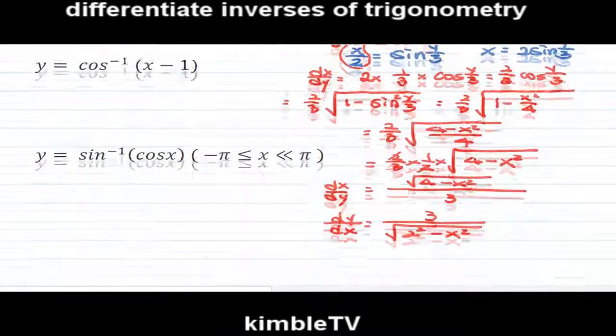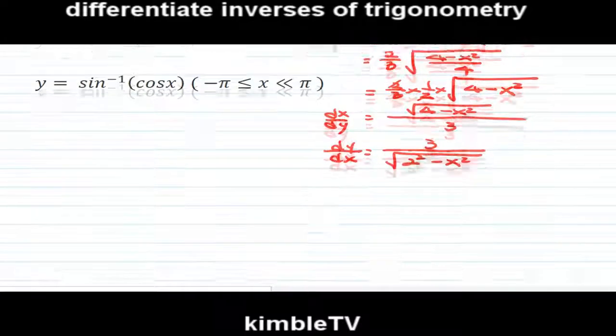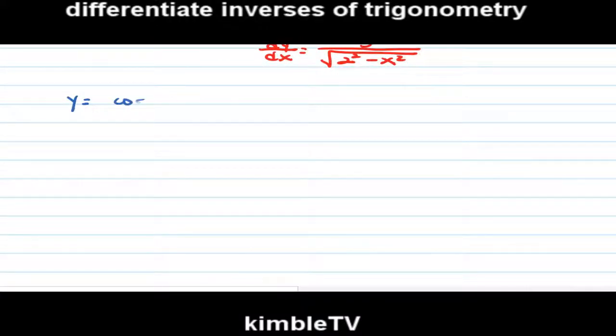Okay, and the next one: cos inverse of (x minus 1), y equals cos inverse of (x minus 1).